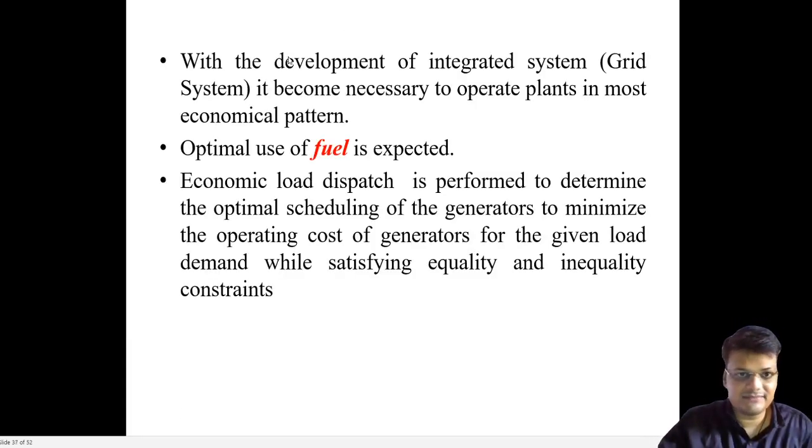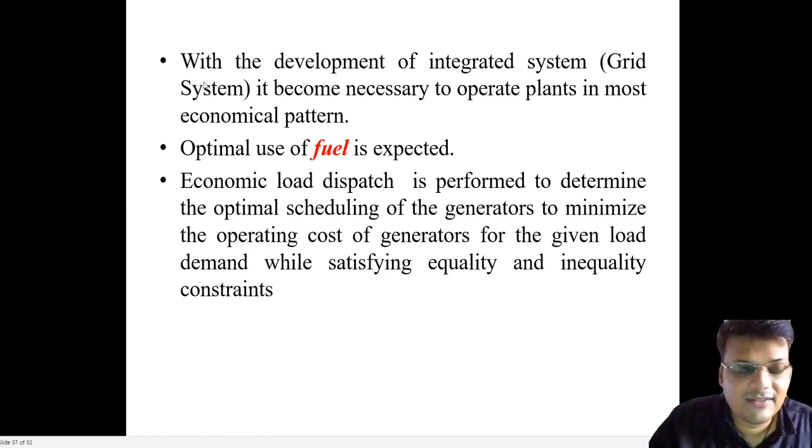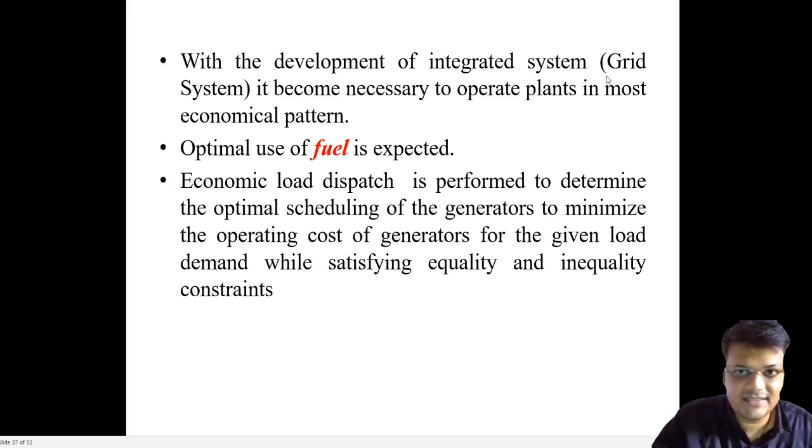You can easily see from here, I wrote it from somewhere. With the development of integration of the system, that is the grid system, it became necessary to operate plants in the most economical pattern. What is the grid system? I hope everybody knows. Before the integrated grid system, there were individual systems. There was only a monopoly, with no structuring.